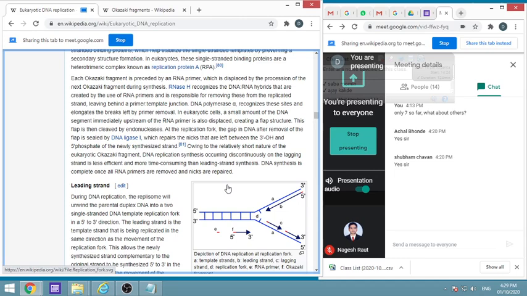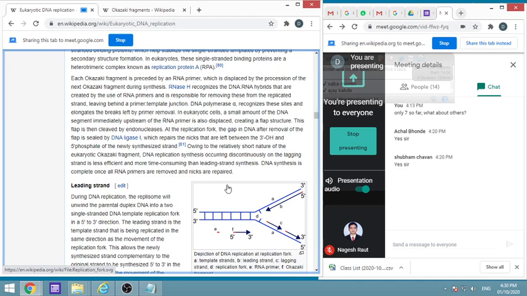There is an RNA primer, which has to be removed so that only DNA and DNA parts remain. An RNase enzyme causes removal of this RNA primer, and after its removal only DNA portions remain.